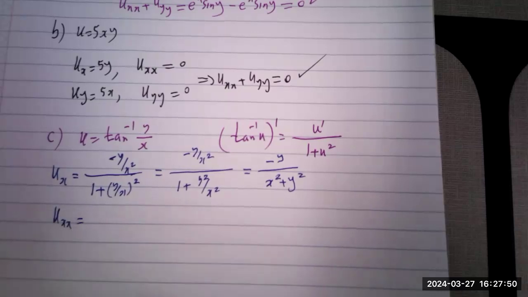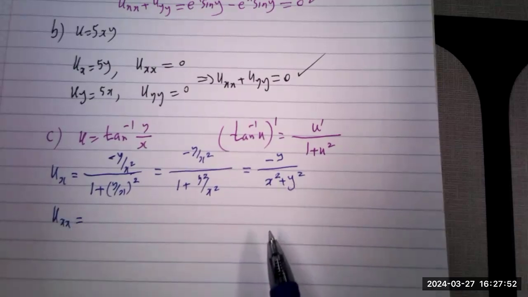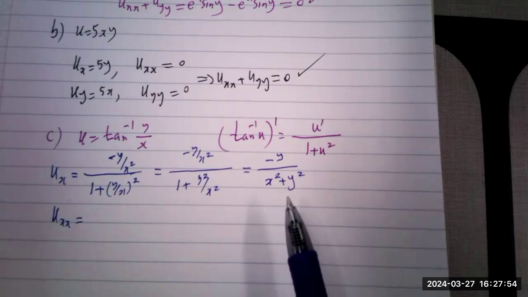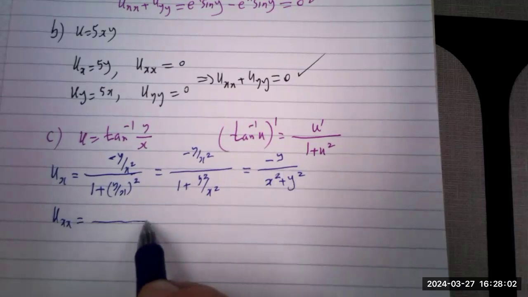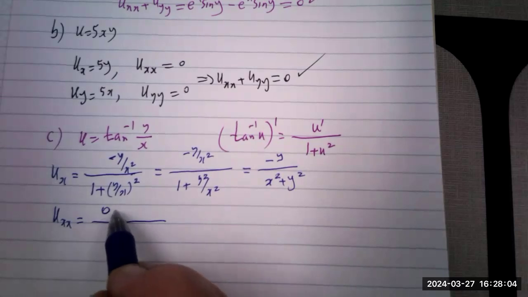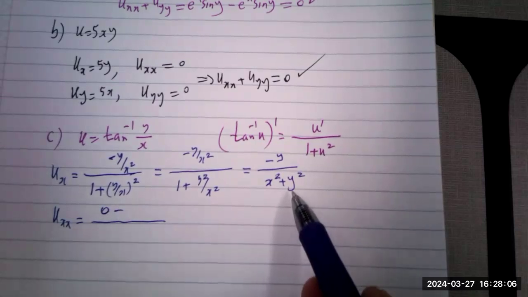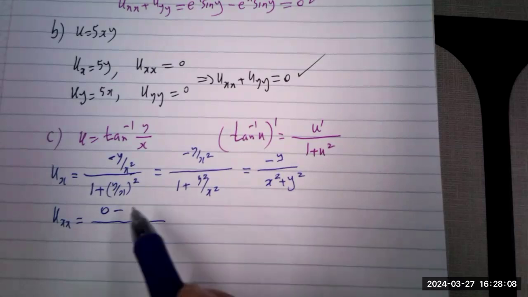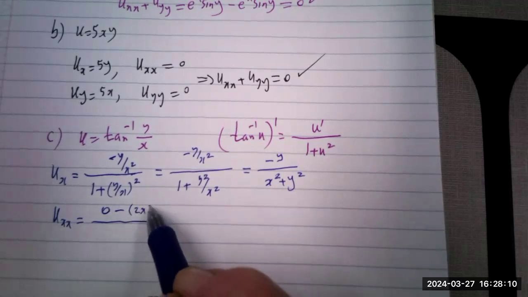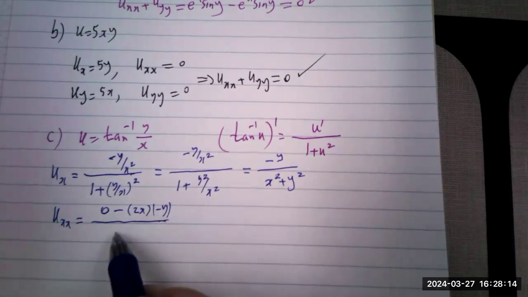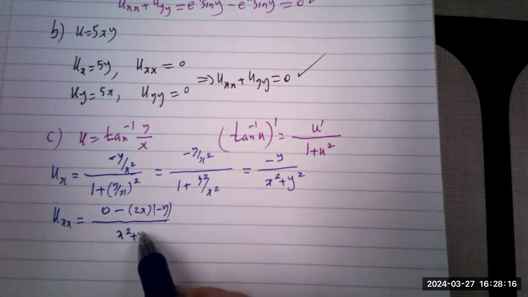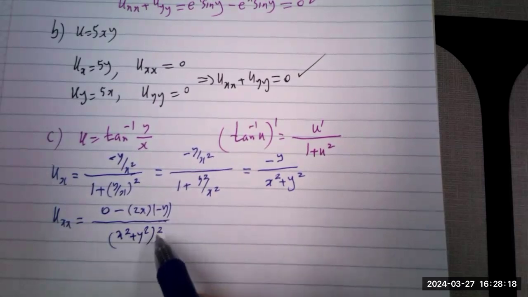uxx. Again, if you want to use the quotient rule, the top times the bottom derivative would be 0, because of the y. Now the bottom times the top. So this is going to be 0 minus the derivative of the bottom with respect to x, which is 2x, times the top, which is negative y, divided by the bottom squared, x squared plus y squared, all squared.